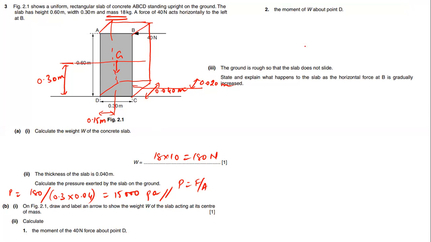So it's 40 into, which distance? Is it 0.30, 0.040, or 0.60? Which one?